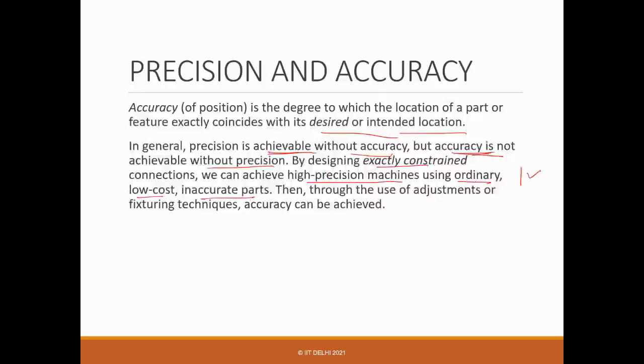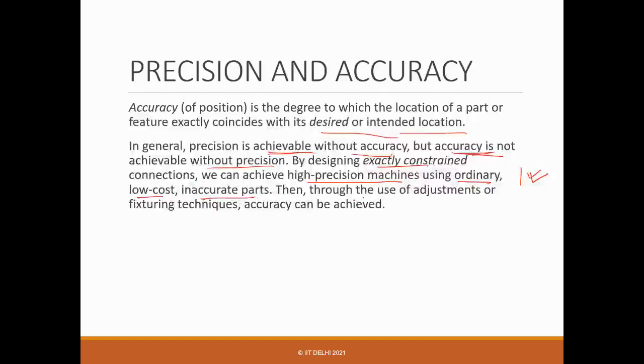This is very important because this is something contradictory to general belief, right? Most of the people think if you're talking about high precision machine, you need very high precision parts, but that's not true. What he's saying is if we follow these principles, like the exact constraint connections and avoid over constraint, we can achieve high precision machines using ordinary low cost inaccurate parts. How?